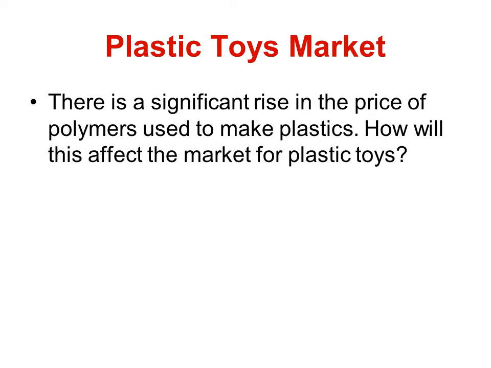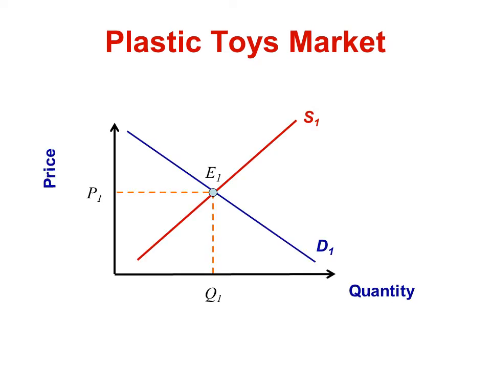Okay, any manufacturer of any toy involving plastic needs to purchase polymer. Therefore, it is an economic resource or factor of production. Let's assume this graph represents equilibrium before the increase in the price of the economic resource. E1 represents equilibrium today, a certain price for these toys, certain quantity purchased and sold.